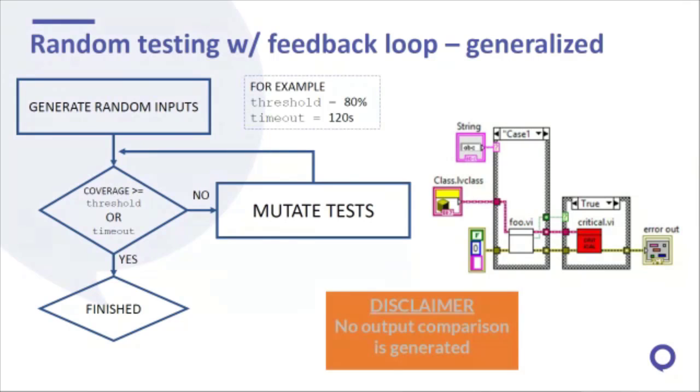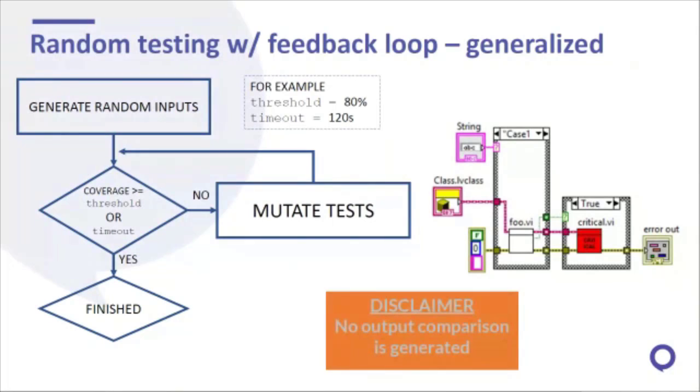A disclaimer: this approach is not about output comparison. You really aim at coverage, and what the output of the VI under test is, this approach basically ignores, or is not in the scope of it.